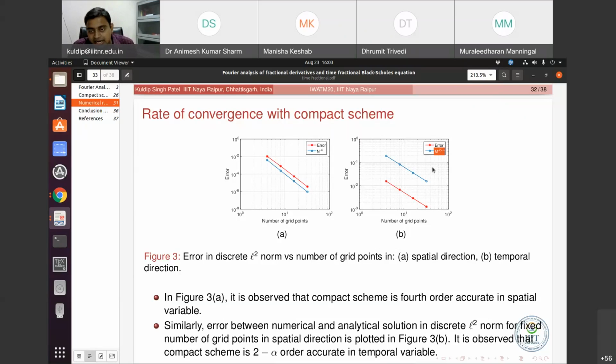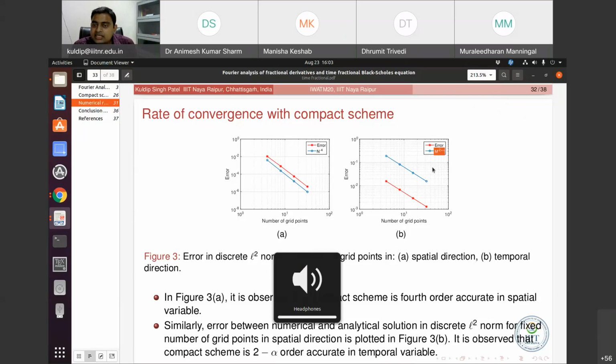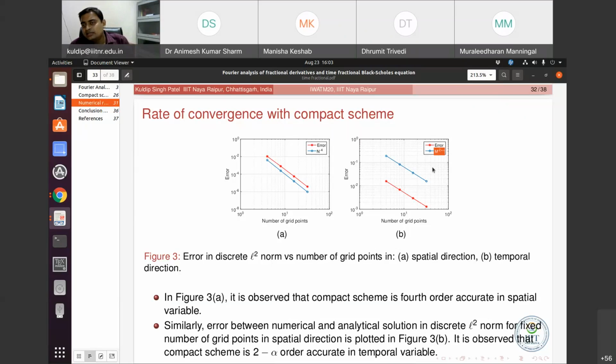One can go to higher dimensions with this method, and to more complicated problems. But at least this establishes that this method is a general one, and it can be used for time fractional convection diffusion equations.